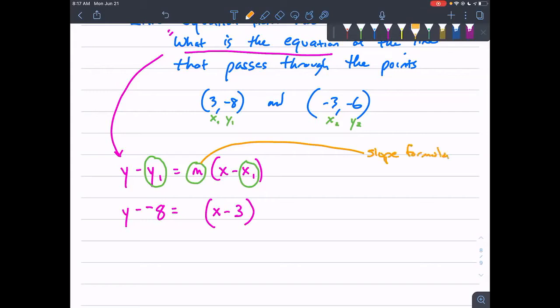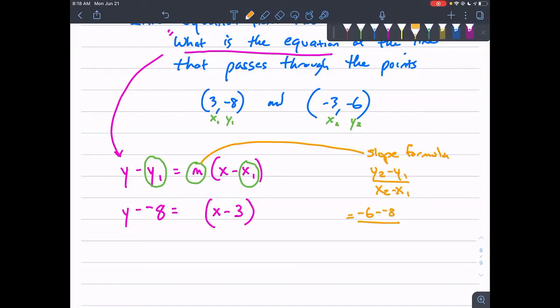So some examples we looked at before, they gave us what the slope was. They told us what m was. Here, they don't. But we can use the slope formula, which is y2 minus y1 over x2 minus x1. As long as you've labeled those ordered pairs, it should be pretty easy to do. Just plug in y2, -6 minus y1, which is -8.